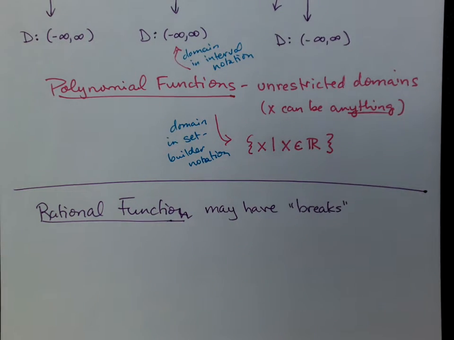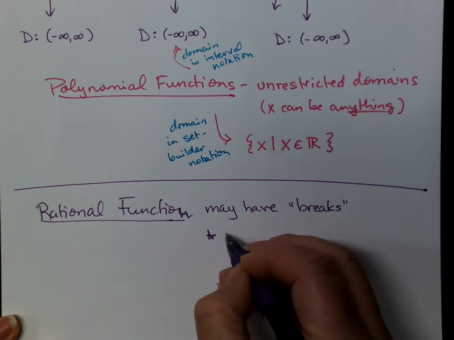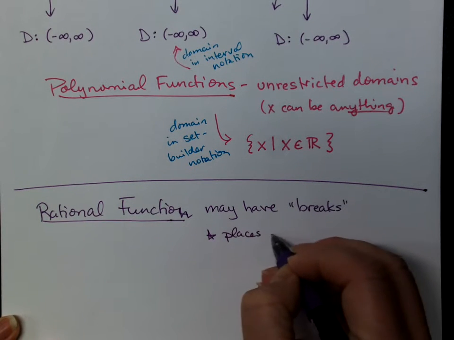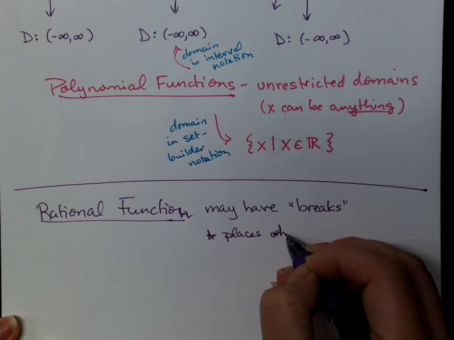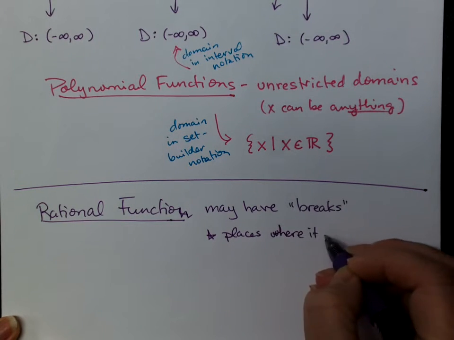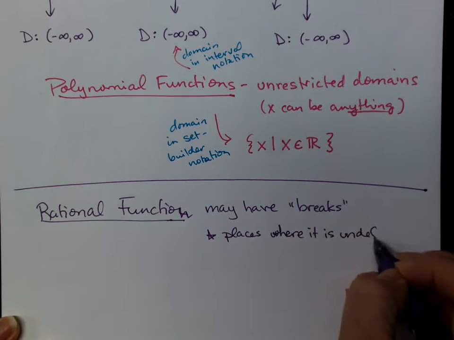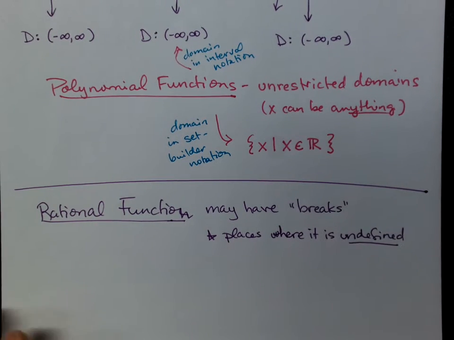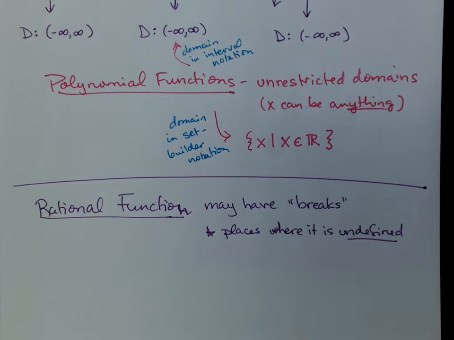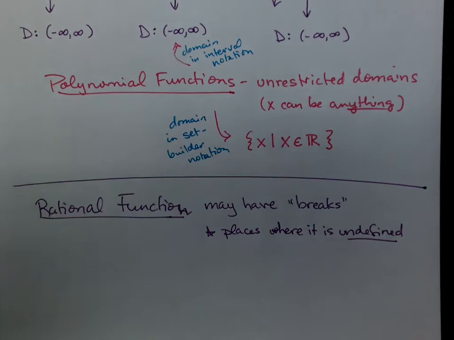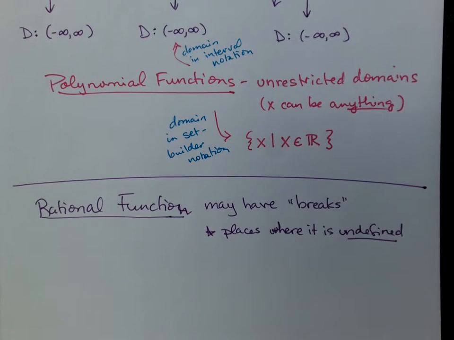And these breaks are places where the graph is undefined. And for a graph to be undefined, it just means that the graph does not exist at that part of the graph. Okay? The graph of your rational function does not exist on the grid at that point.